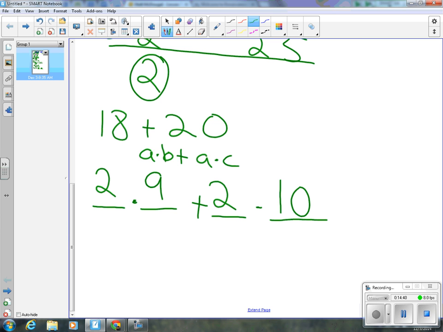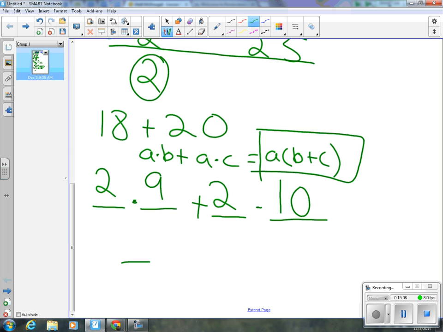So now we have it in this AB plus AC form, that AB plus AC equals A times parentheses B plus C. So the ultimate form that we want to get is this. This is our answer right here. So in that situation, we're going to have this times parentheses this plus this.